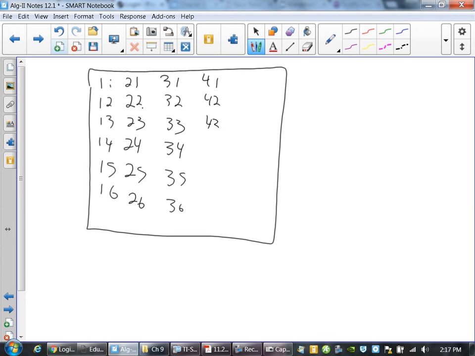You're rolling a 1 and you're rolling a 6. This is the combination.